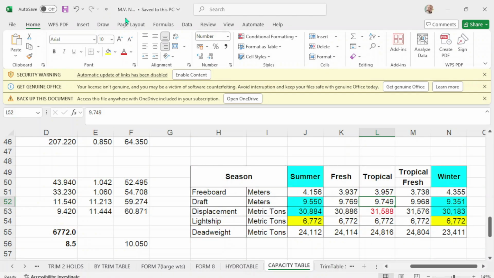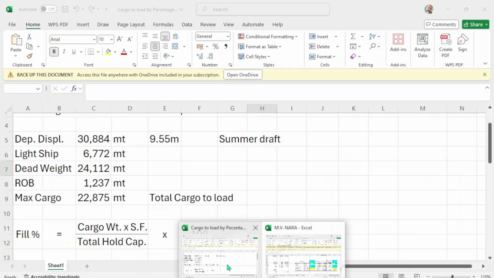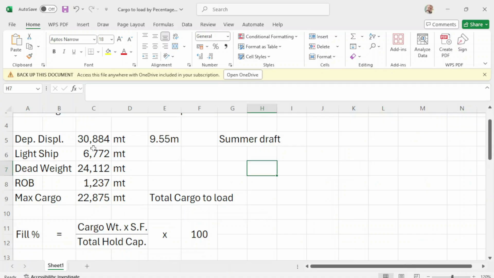So this is MV Nara, guys, and the summer draft is 9.55 and the displacement is 30,844. Okay, summer draft.